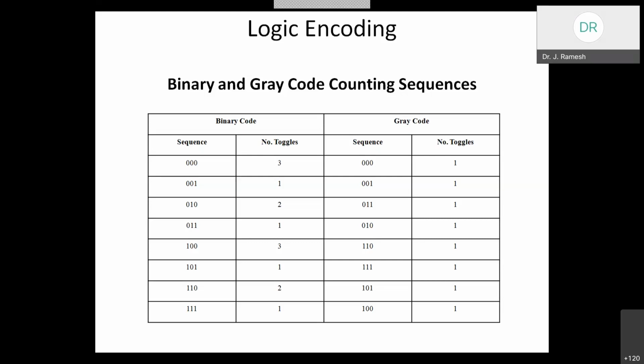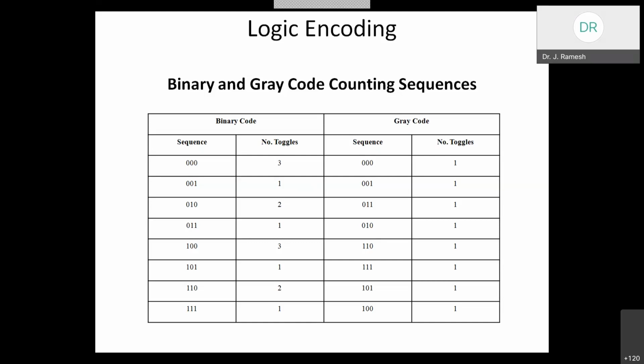And from 1 to 2 it will be 2. For every sequence of consecutive representations, if we proceed, this will be the number of toggles listed in the second column. Similarly, we proceed to the gray code.